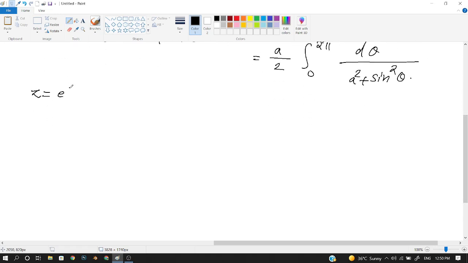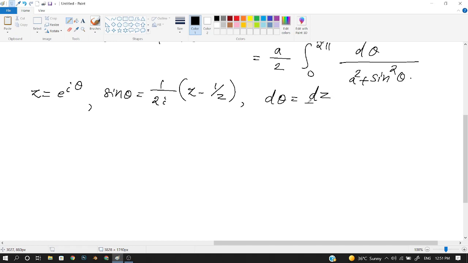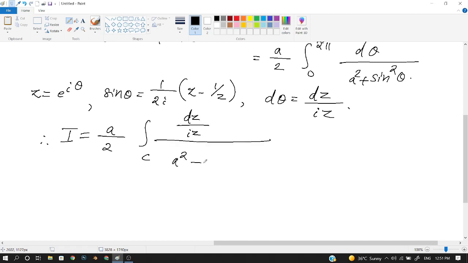Now here we can use the following substitution. z is equal to e raised to i theta, sin theta equal to 1 by 2i into z minus 1 by z, and d theta equal to dz divided by iz. Therefore I equal to a by 2 integral over C dz by iz whole divided by a square plus 1 by minus 4 into z square minus 1 the whole square divided by z square.